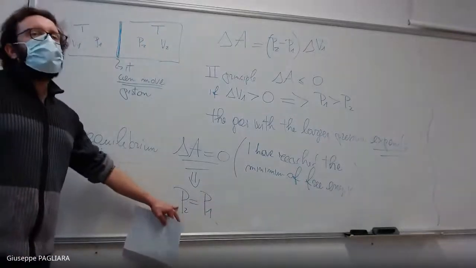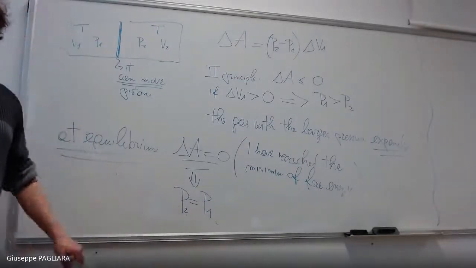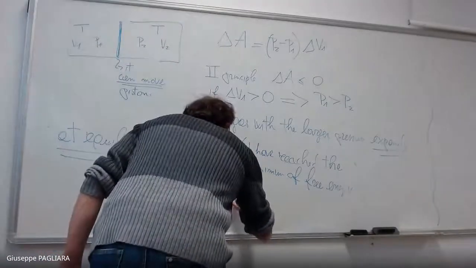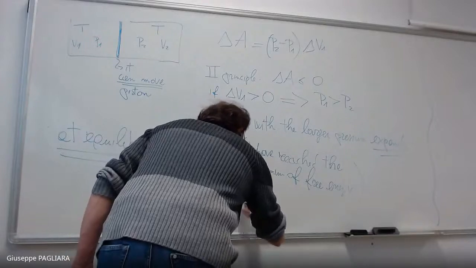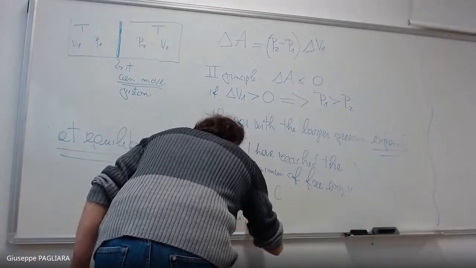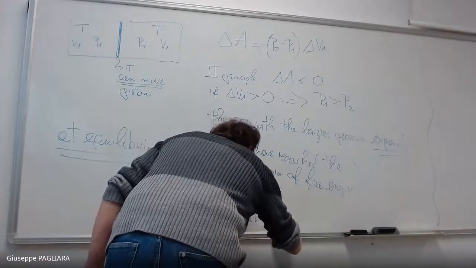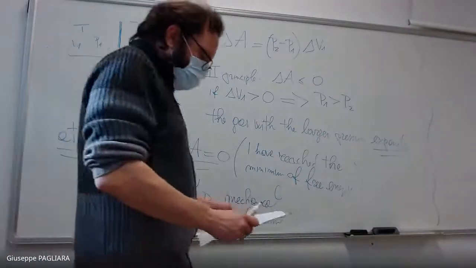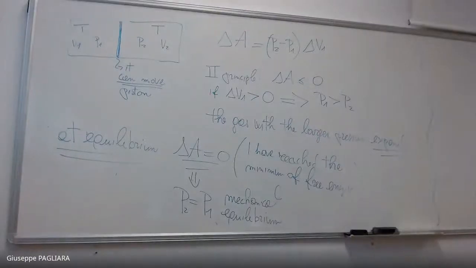What this relation is telling me is that the two systems are in mechanical equilibrium. So you see that again, the second principle is providing me a way to see in which direction the system will try to evolve.